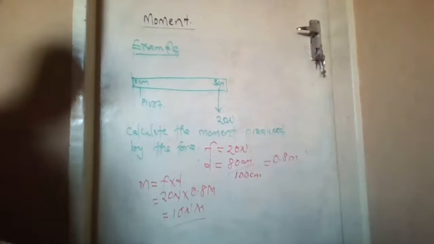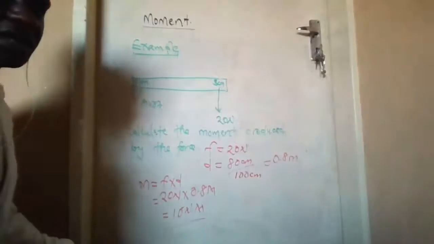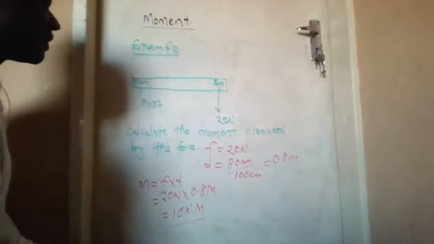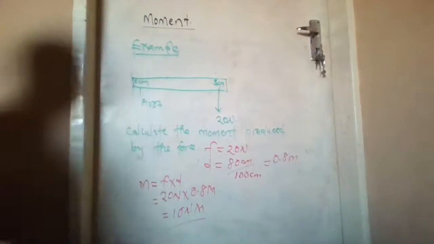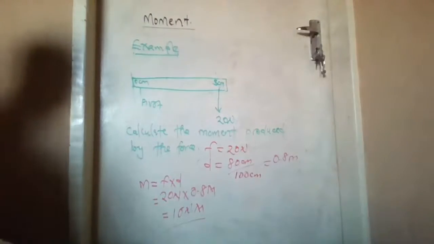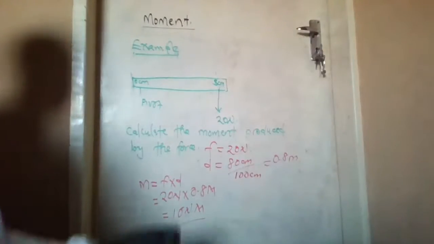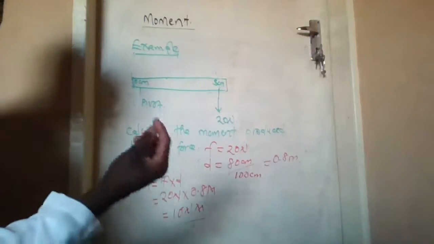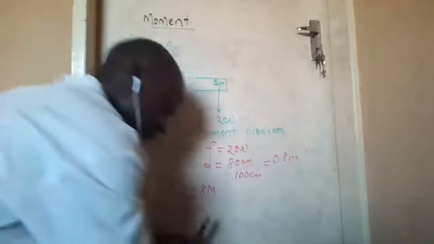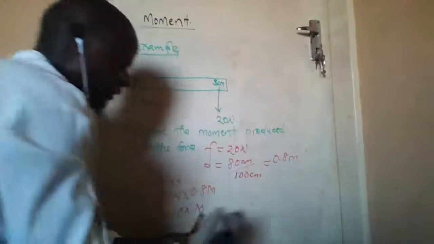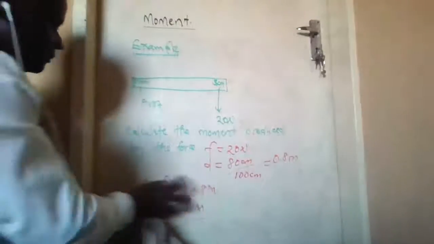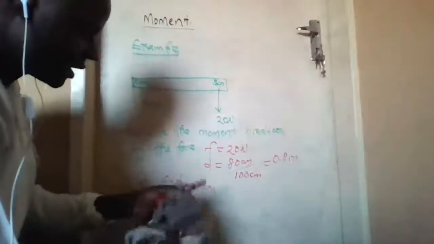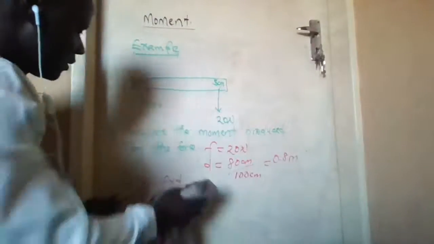Now, there is a very vital principle that guides us on the moment. This one talks about two moments acting on one object, such as if we had a seesaw.